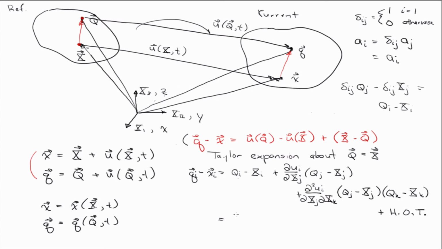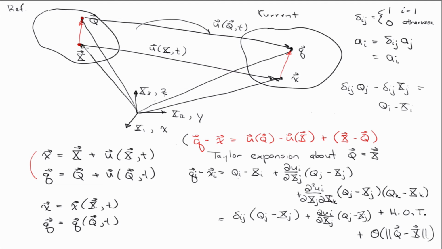I'm going to say delta_ij multiplied by (q_j minus x_j) plus terms that are on the order of the magnitude of q minus x.